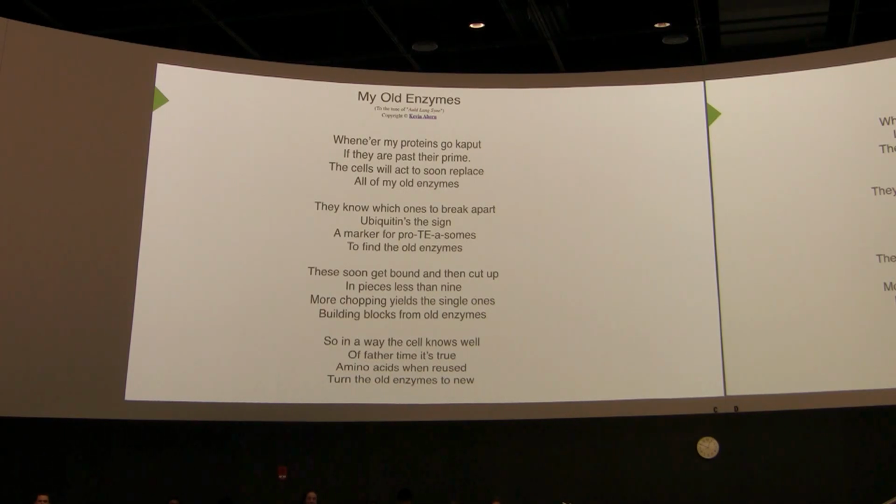These soon get cut up in pieces less than 9. More chopping yields the single ones, building blocks from old enzymes. So in a way the cell knows well of father time, it's true. Amino acids, when reused, turn the old enzymes to new.